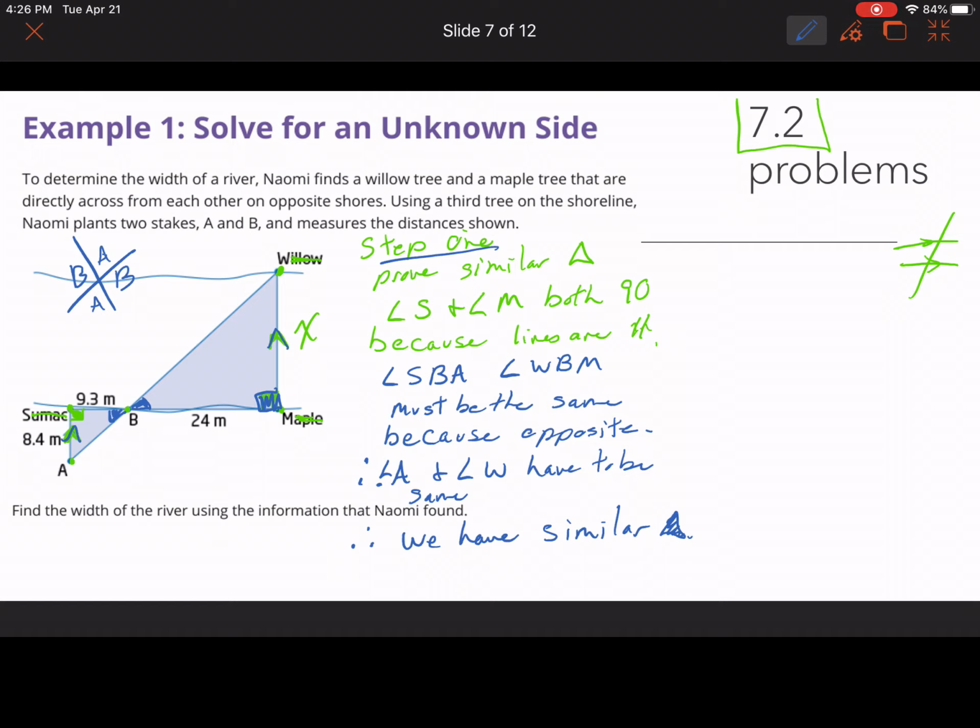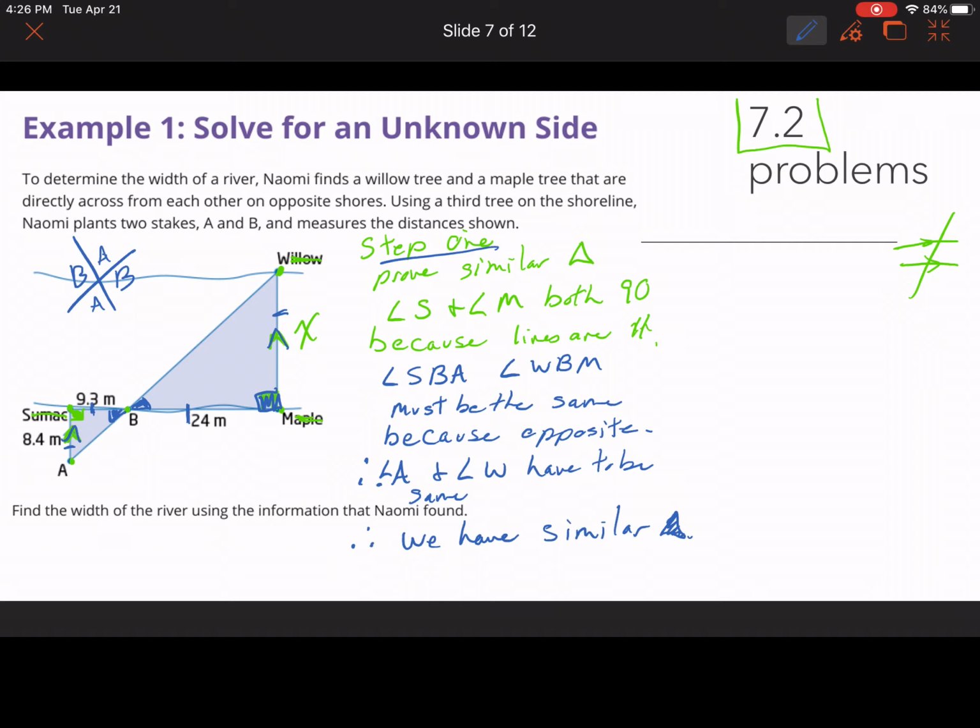So now we know that if they're similar triangles, we are sitting at the same ratio, which means this line and this line have the same ratio because they're flipped diagrams. So the ratio that we've got for 24 and 9.3 has to be the same ratio as 8.4 and X. Because in similar triangles, all the angles are the same, so the sides have the same ratio.